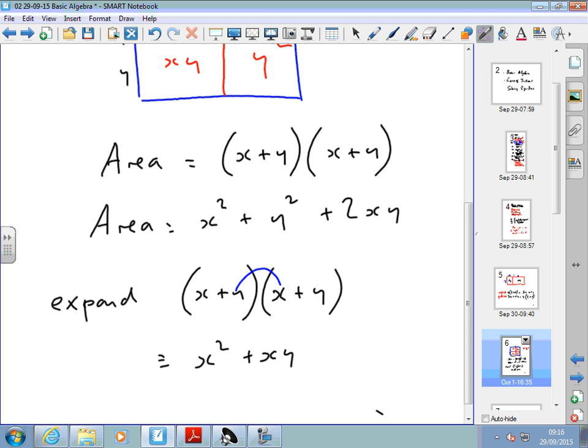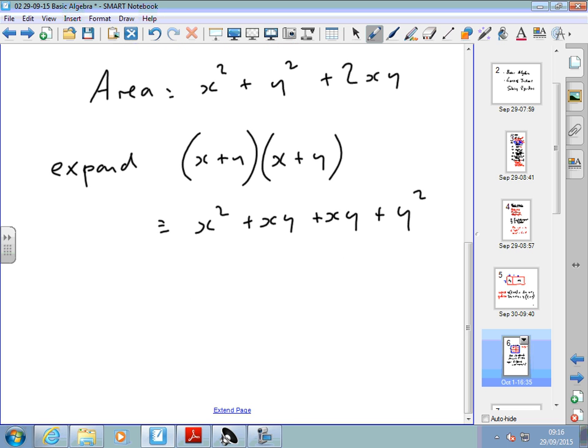Y times x, yx, or xy, writing it conventionally. Y times y, y squared. I've multiplied every term in one bracket by every term in the second bracket. And now I try and simplify. At this point, I've expanded. Now I simplify.